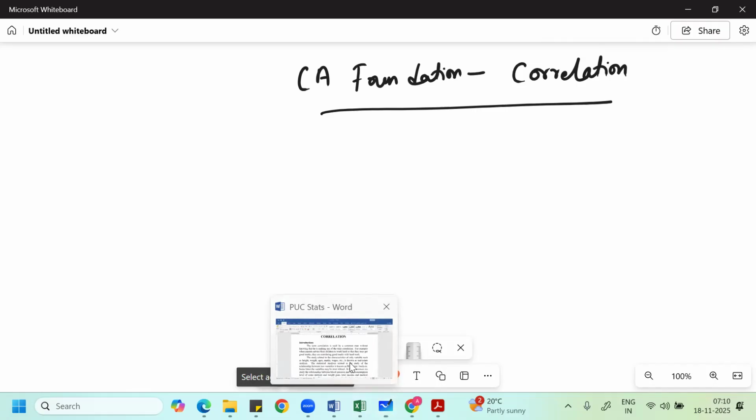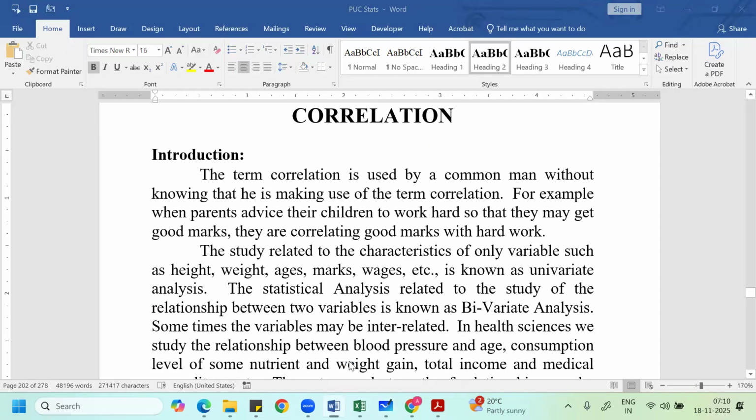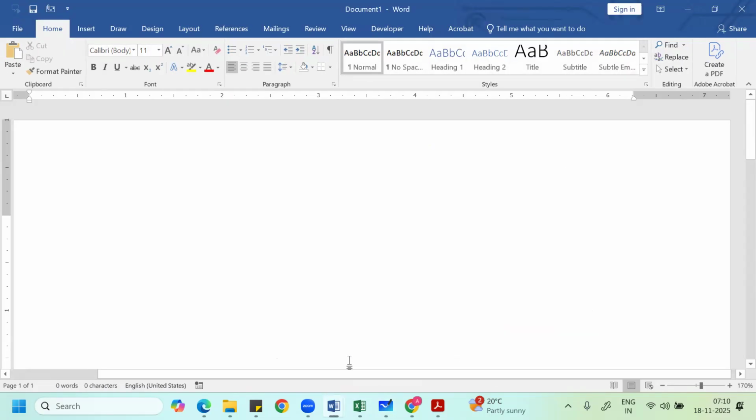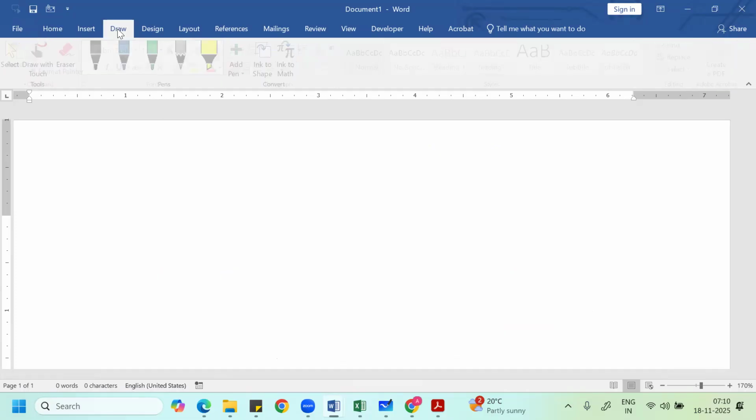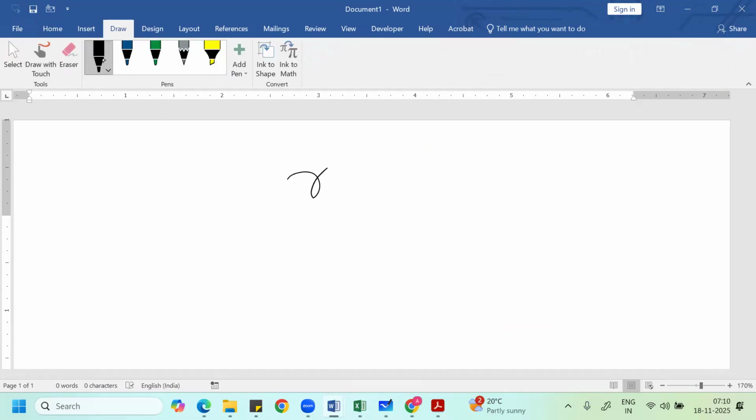And when we have a dependent variable, where one variable is dependent on the other, and in that form we want to establish the relationship, then we use regression. So there's a difference between correlation and regression.